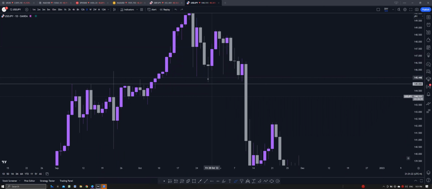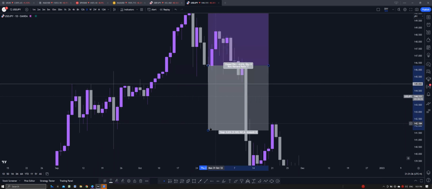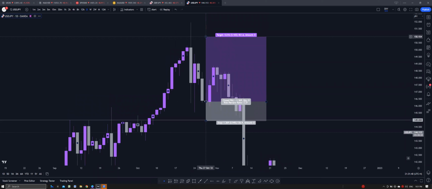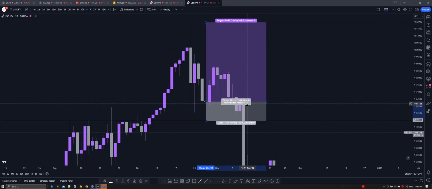You see how huge the reaction was off that zone? If you're trading on this time frame, after seeing this particular candle, you're going to be taking an entry. An entry would have been something like once the candle closed around here, right? With the stop loss below the wick right there, and say your take profit was here at 36. Look at the risk to reward, which is a 1 to 4, right?